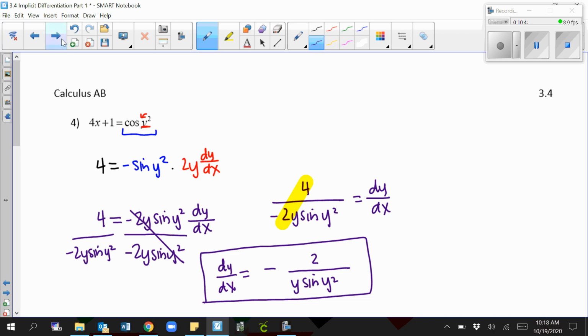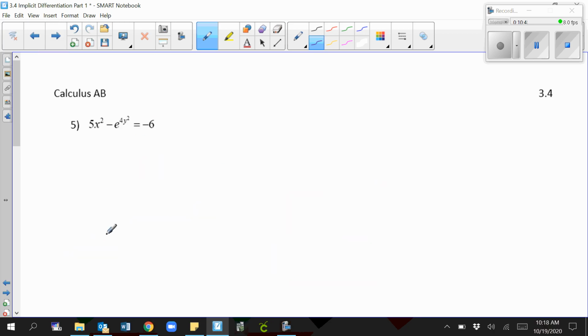Okay, let's look at 5. All right, so I'm going to start with the derivative of the 5x squared. So that squared is going to come down, and it's going to be 10x minus, and right here I've got a chain rule. I've got the e, and then the exponent is my inside part. So the derivative of the outside is e to the 4y squared.